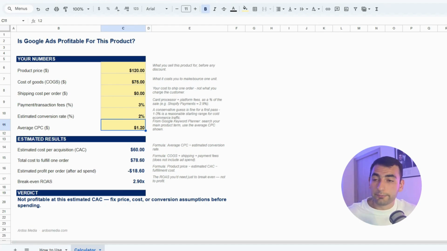So here, this is a spreadsheet. We created this to simplify the process. Now we can just fill in here the price of the product, the cost of goods sold, the shipping cost, the payment processing fee.